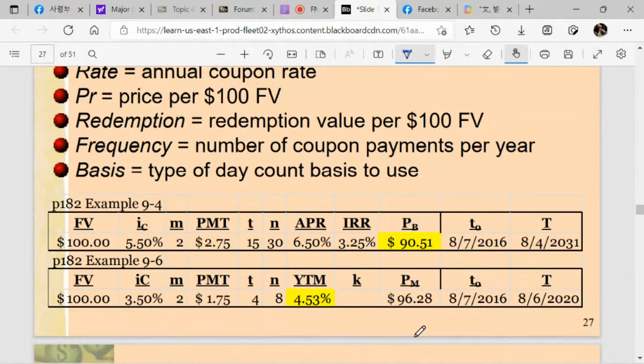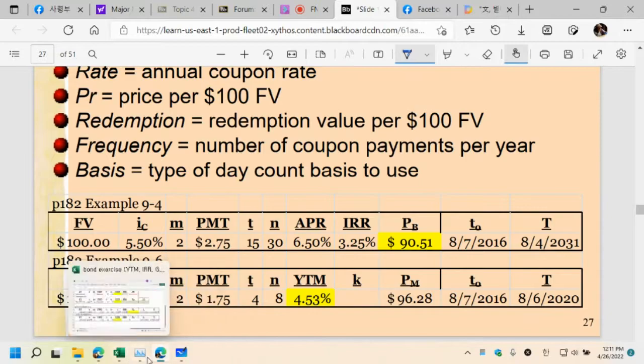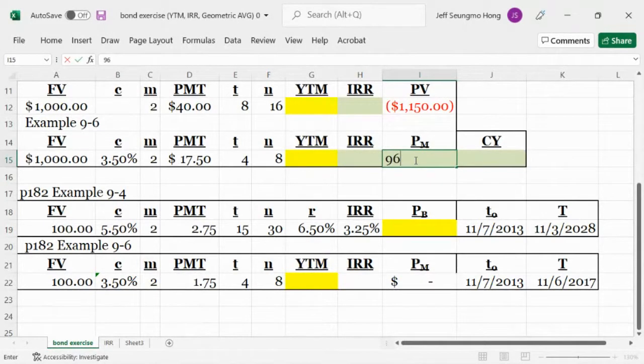Not dollars, right? So the price was given, so I'm going to enter 962.8. That's the dollar price. Then here, because I scaled it down, and originally I had it like this, negative. Okay, then this should be positive.